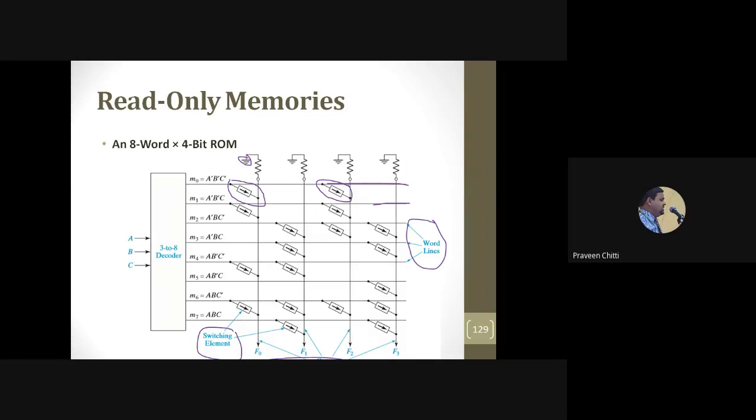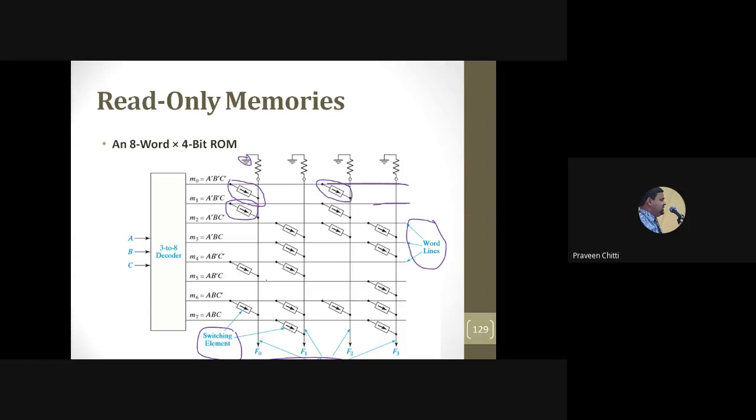Yes, very good. Right. So now, can you tell me if I add this switching element also? I have added the 3 switching elements now. Now, what is the output F0, F1, F2, F3? F0 will be A bar, B bar, C bar plus A bar, B bar, C. Exactly. F1 will be 0. Here you will get now OR operation.